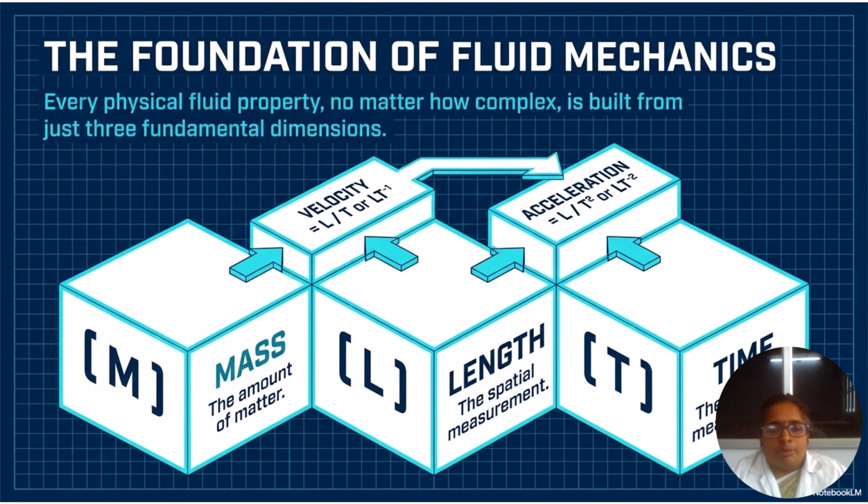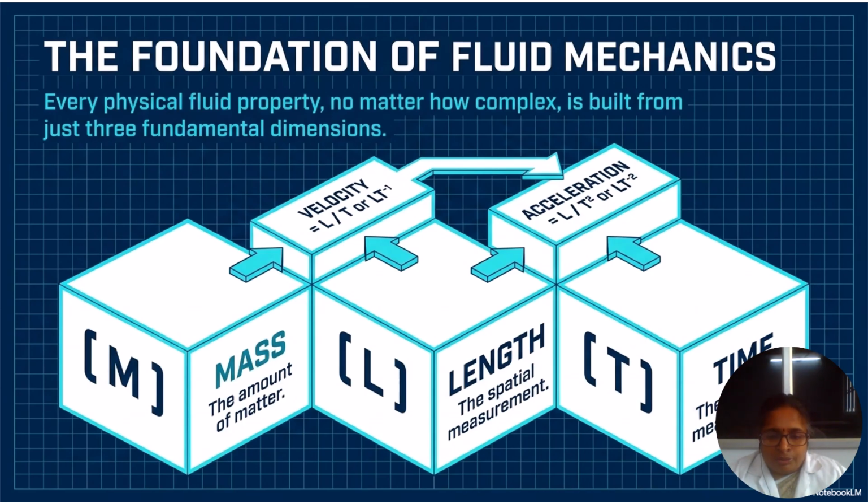Every physical fluid property is built from these basic dimensions. As an example, velocity is given as L by T, with the unit meter per second. Meter is expressed in terms of L, which is spatial measurement, and per second is expressed in terms of T. So it is given as L T power minus 1.